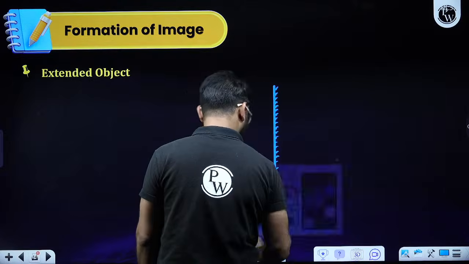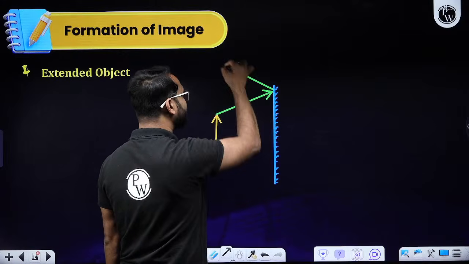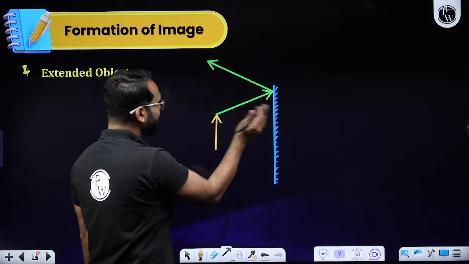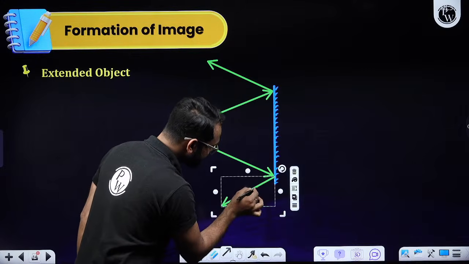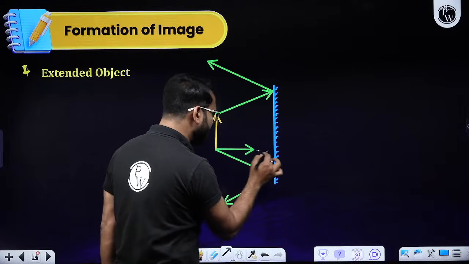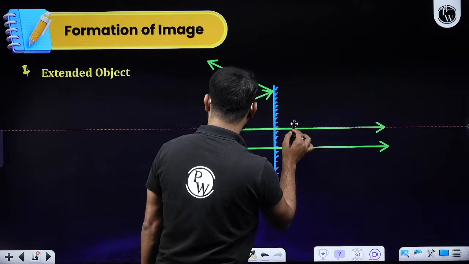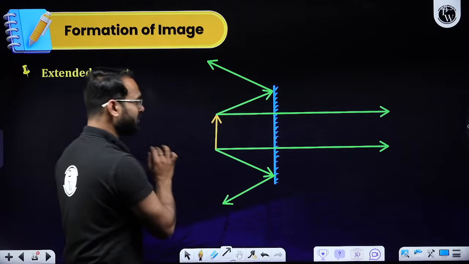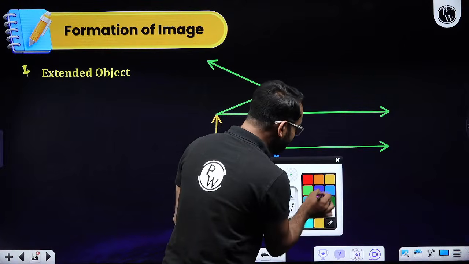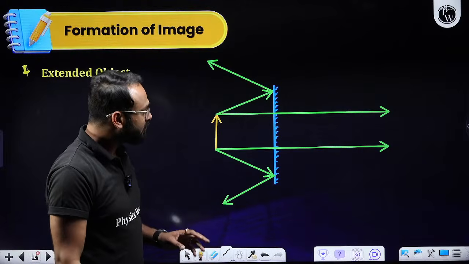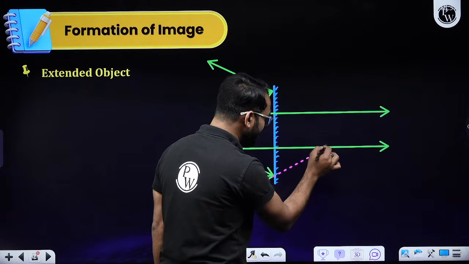So let's draw the reflected rays. How is it going to be? One of the light rays is going over here and after striking the surface, it is going back. Similarly, over here, some light rays would be passing straight from the top and bottom, like this. Now what I have to do, because they will appear to meet, I'm going to extend them back to this point.